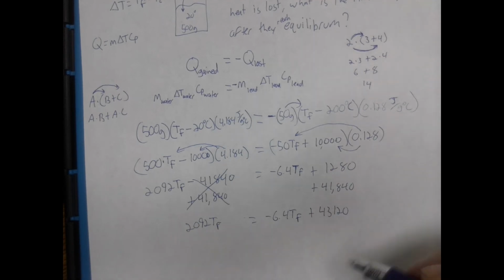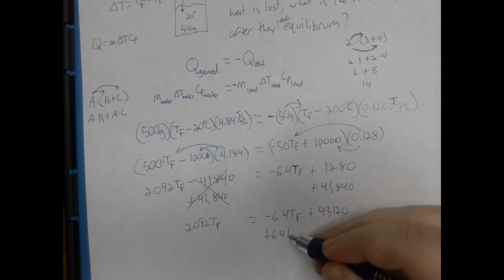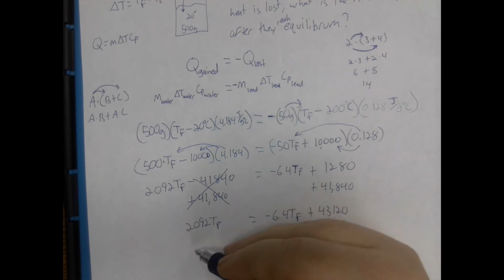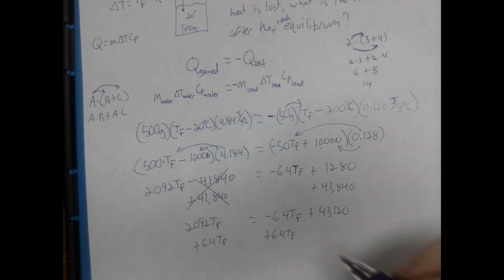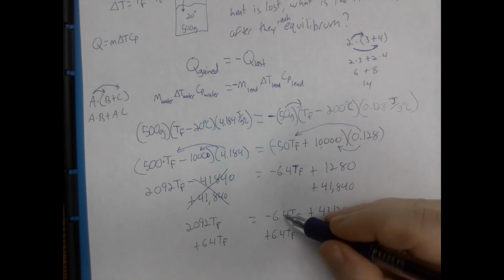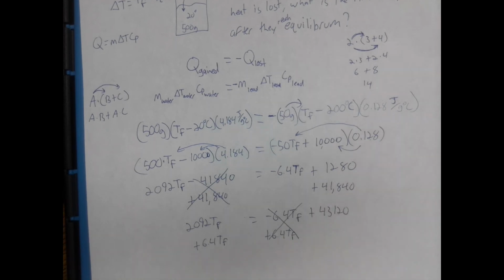And now I'm going to do the same thing for TF. I'm going to add 6.4 TF to both sides. So 6.4 TF minus 6.4 TF is 0. So it cancels it out on the right side.